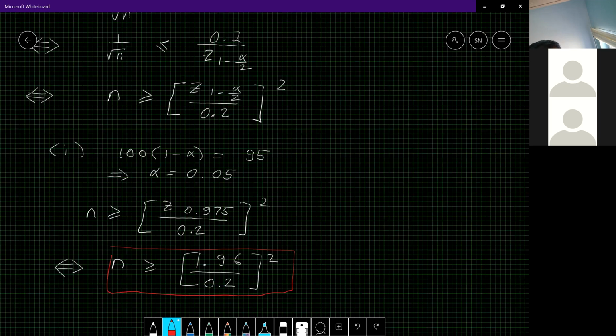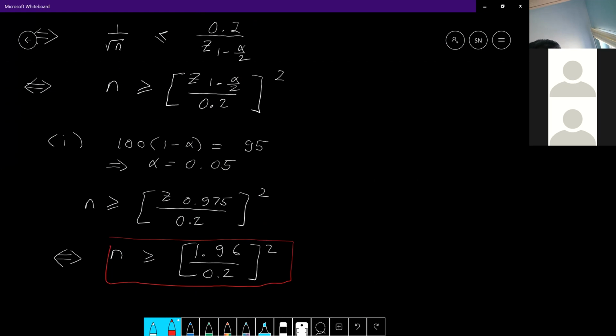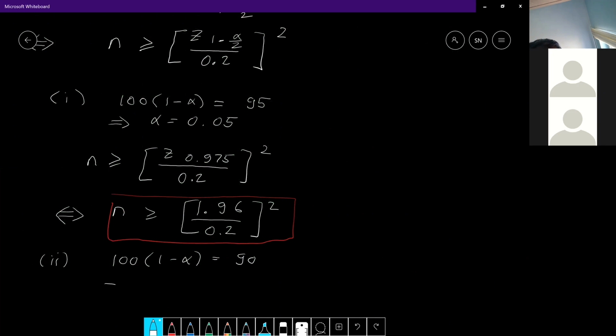And for part 2 of question 5, we are taking 100 times 1 minus alpha to be 99, which implies that alpha must be 0.01.